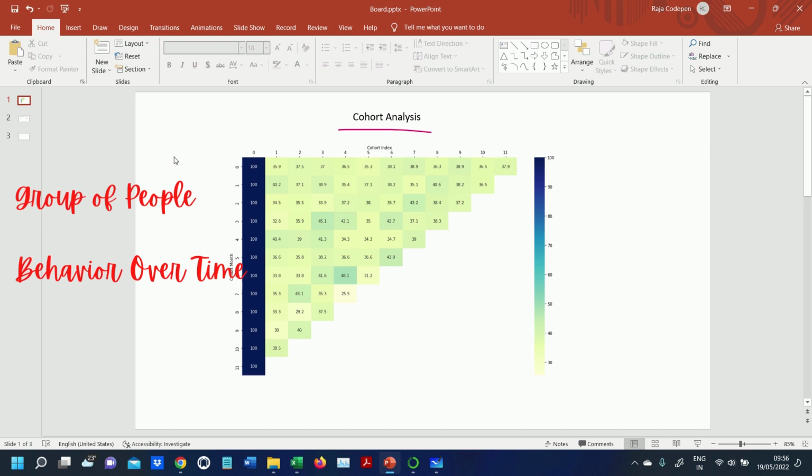For example, it's a group of people who started their behavior, and how are they repeating that behavior in the subsequent time periods. So that is basically what cohort analysis means.